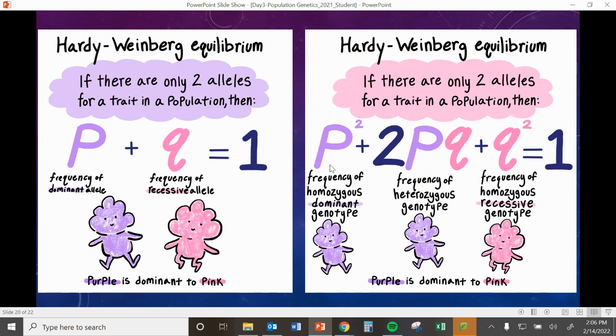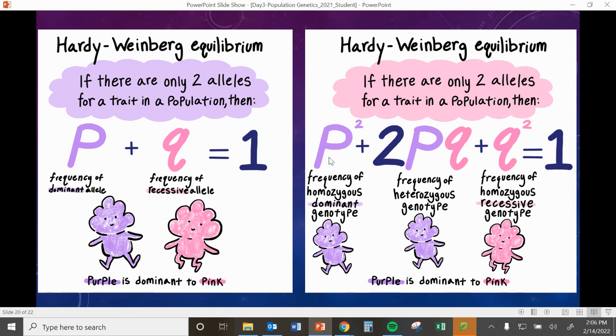We represent that by P squared, the probability of having both P's as genes from the two parents. Then we have the possibility of having a heterozygous, a P and a Q. So we're going to have P times Q, but we also need to multiply this by 2. You can think about it if we have a Punnett square that is homozygous crossed with a homozygous.